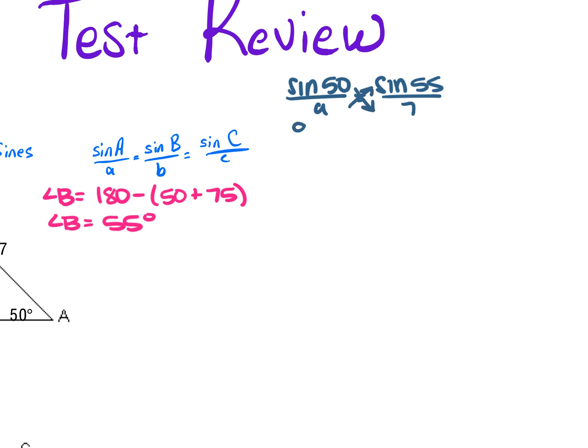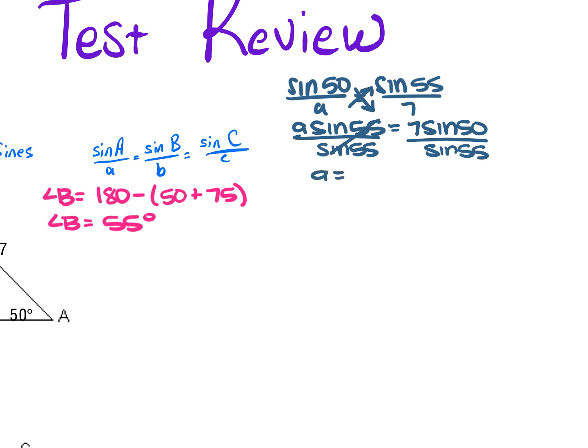This is going to give us A times sine 55 is equal to 7 sine 50. Divide each side by the sine of 55. And this gives us that A is equal to, again, use your calculator, 7 sine 50 divided by sine 55, is 6.5. We're going to round to the nearest tenth with this. So that's 6.5 for A.